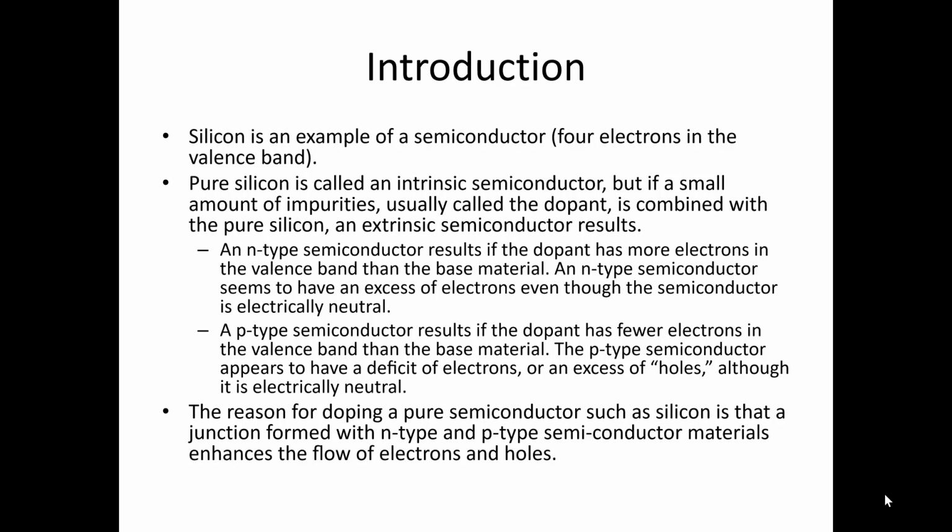The P-type semiconductor appears to have a deficit of electrons or an excess of holes, although it is electrically neutral. The reason for doping a pure semiconductor such as silicon is that a junction is formed with N-type and P-type semiconductor materials that enhances the flow of electrons and holes.